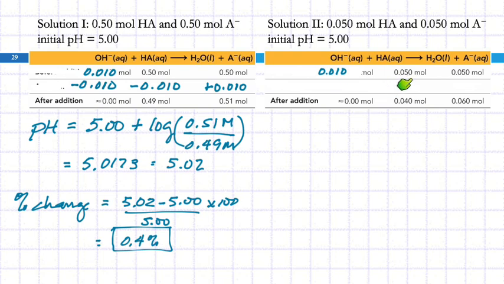It's 0.05 instead of 0.5. We're going to react all of the hydroxide. That will react the same amount of acid, leaving us with 0.040 moles. And it will form 0.010 moles of the base, giving us a total of 0.06.